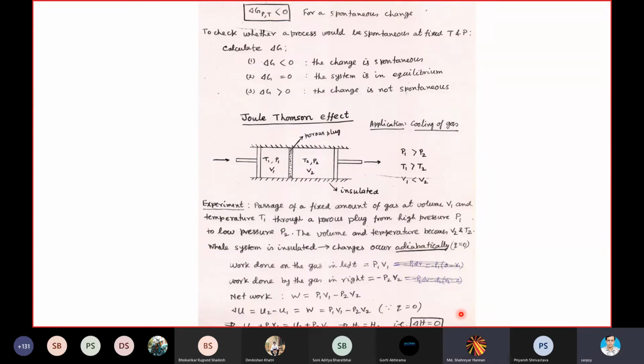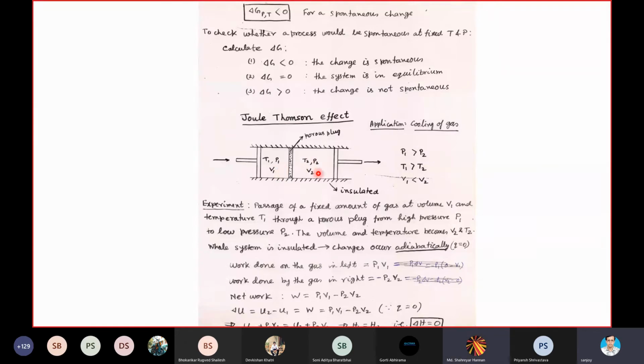Isenthalpic process. Excuse me, sir. Yeah. So are we considering the initial volume of gas on this side to be 0? Right hand side, initial volume was 0. And left hand side? Left hand side initial volume was V1, and when the entire gas is transferred, it becomes 0 final volume. So initial volume V1, final volume 0.